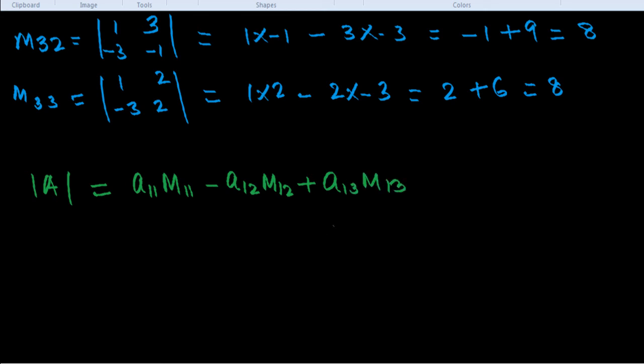This is the value of the determinant. We can select any row or column. I will explain it in some other way also.